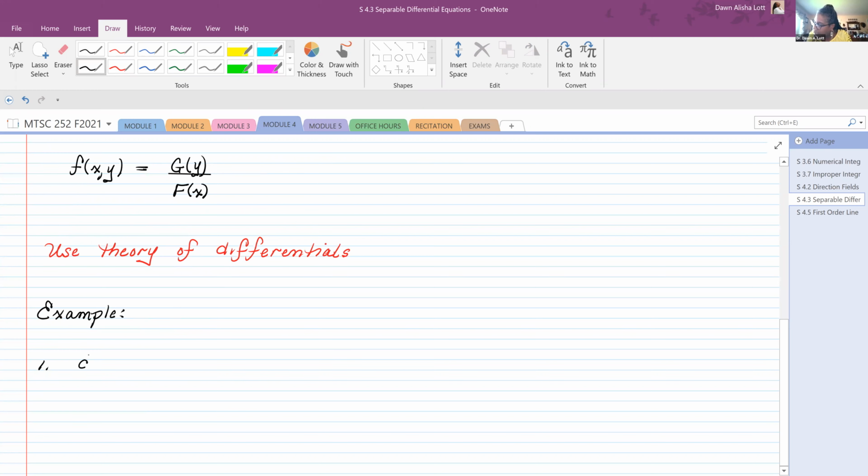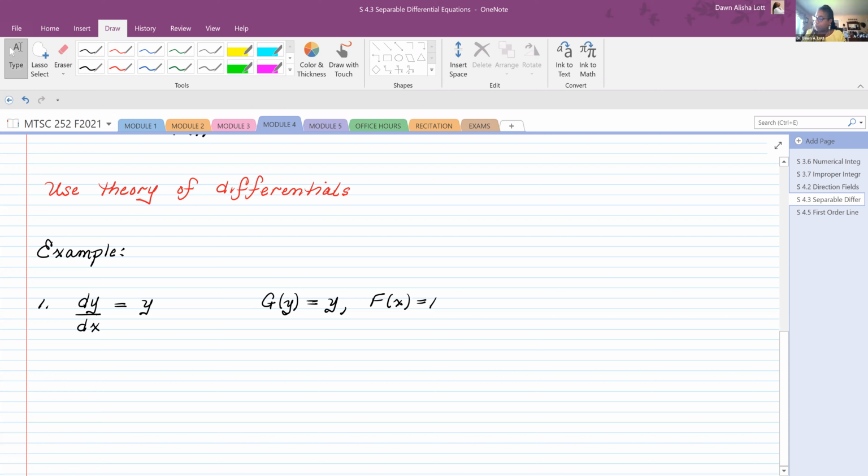dy/dx is equal to y. Here I can see that g of y is just y, and f of x is just 1. There really is no function of x there. So now I am going to write this as dy over y equals dx.